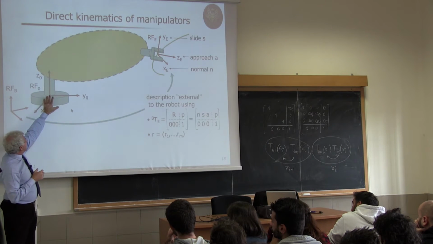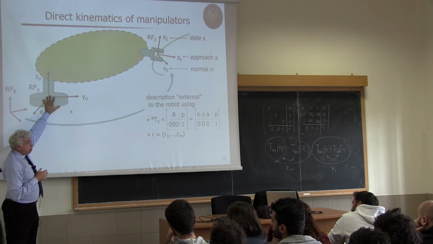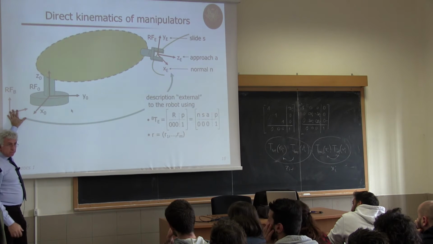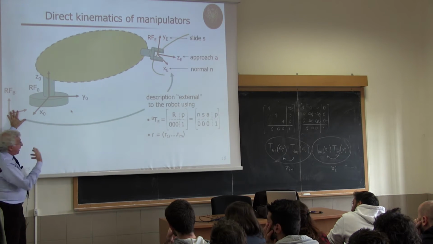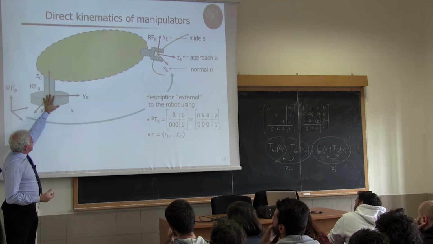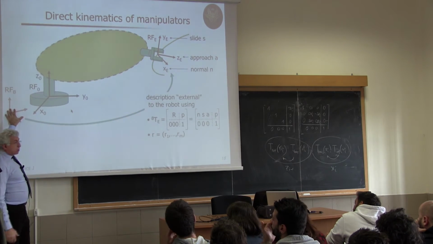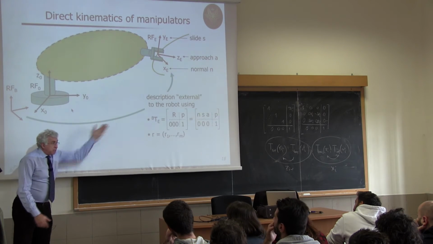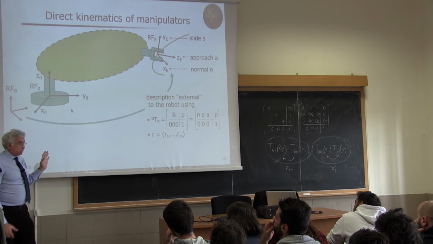So you see, in general, this frame 0, which is at the base of the robot, may not be coincident with this base frame of reference. I have added some degrees of freedom. But pay attention that this is fixed, so the transformation from here to there is a T matrix which is constant.